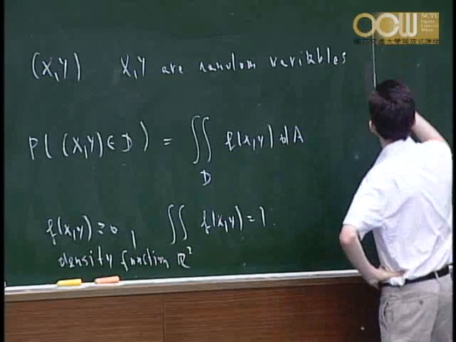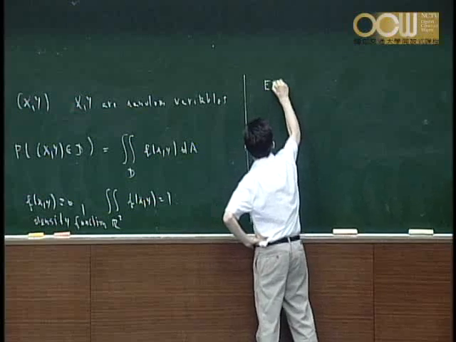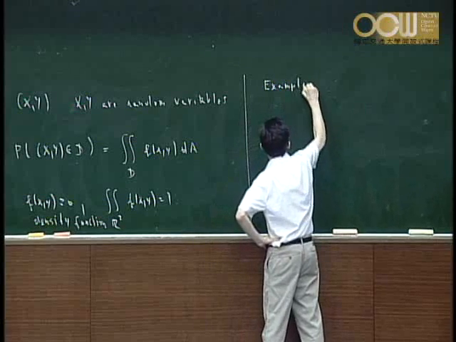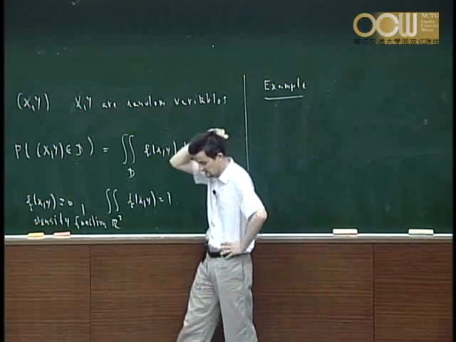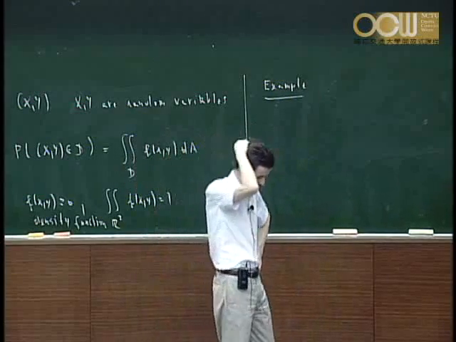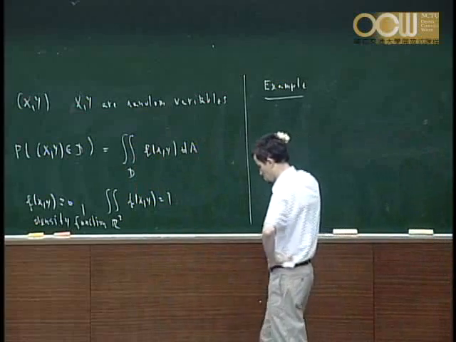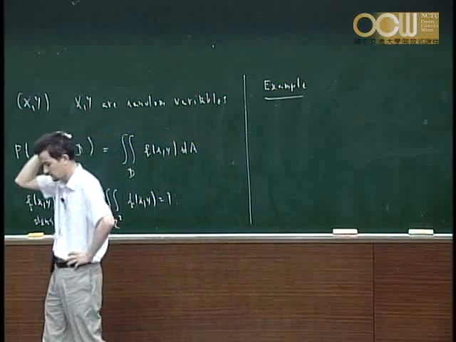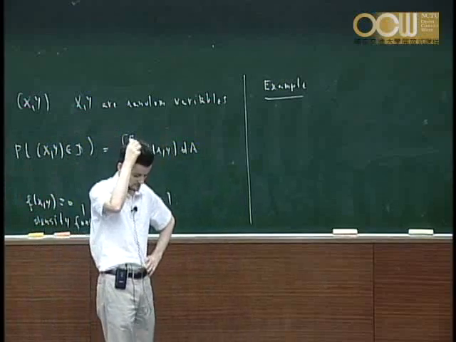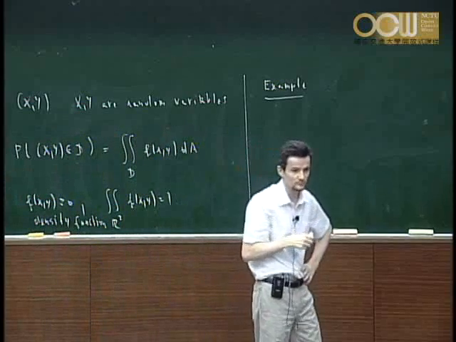Now, for instance, one example. I guess some of you are from Taipei, so maybe on Friday evening or Saturday morning you will go to Tsinghua University and take a bus to Taipei.